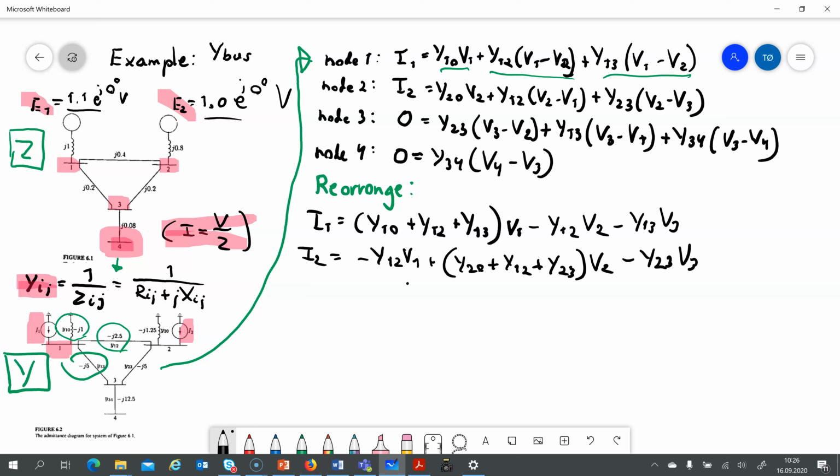And then we take the next one. Now we collect Y13 in node 3: minus Y13 V1, minus Y23 V2.